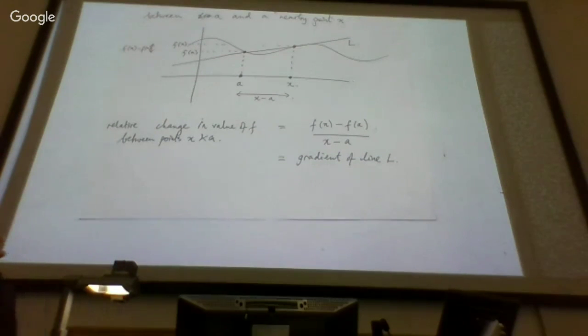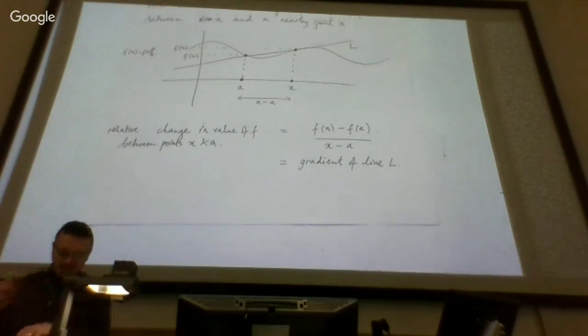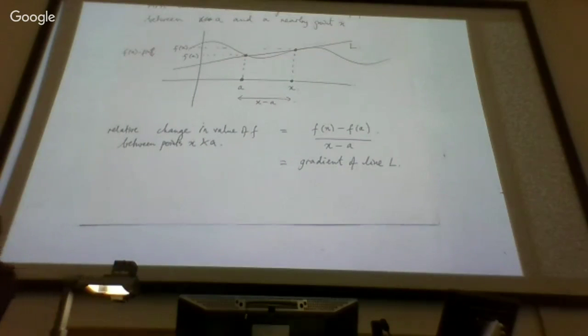Now, if we're interested in capturing the instantaneous rate of change, there's a clear process that we can go through to get closer and closer to the instantaneous rate of change.